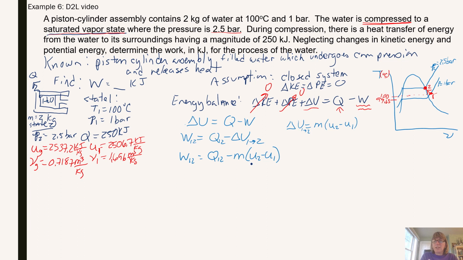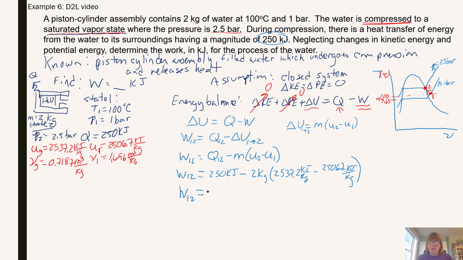Okay. Let's go ahead and put all our numbers in. So we have our heat, which is 250 kilojoules. We are given the mass of 2 kilograms and the 2 internal energies, the saturated or state 2 minus state 1.